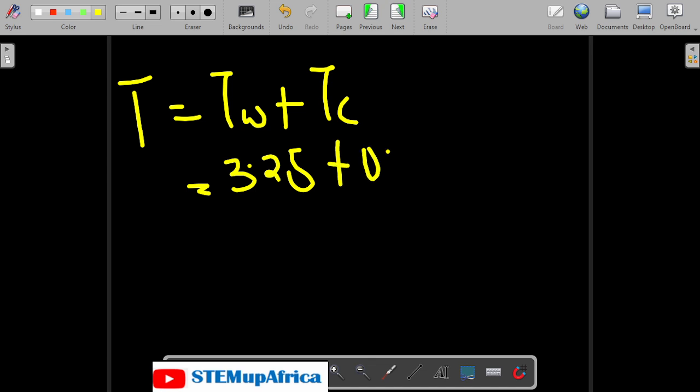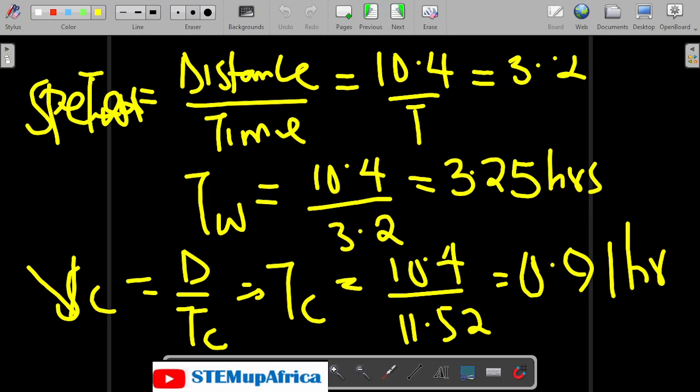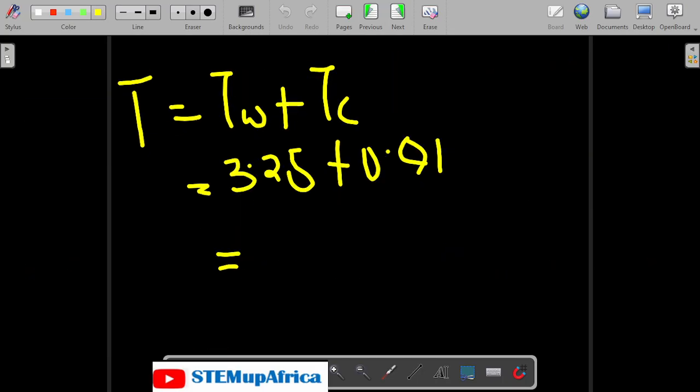So the total time now, my T now, is TW plus TC, which is 3.25 plus 0.91. If I add them up, that will give me 4.16 hours.